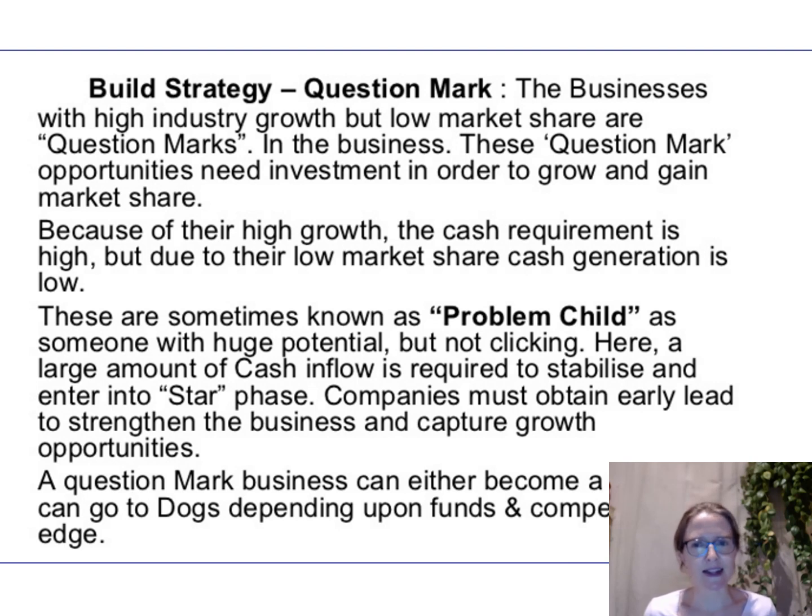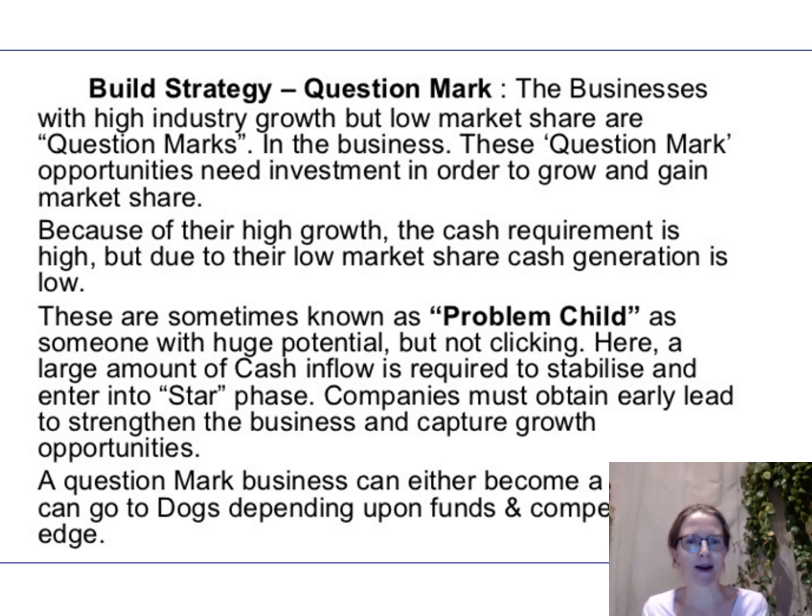In business, these are the ones where question mark opportunities need investment in order to grow and gain market share. Because of their high growth, the cash requirement is high, but due to their low market share, cash generation is low. These are sometimes known as problem children, as someone who has huge potential but not quite clicking.